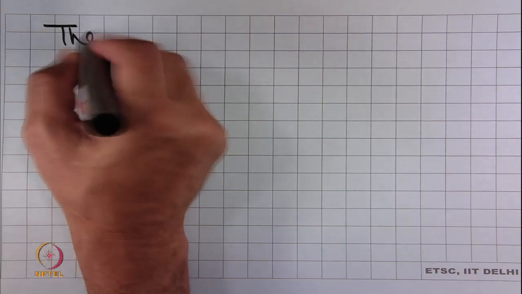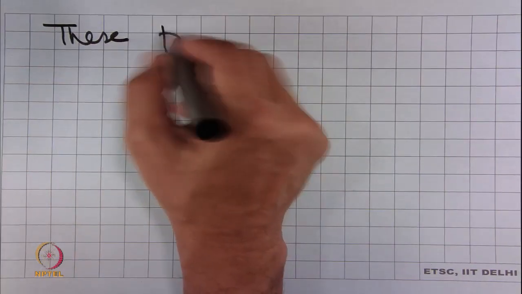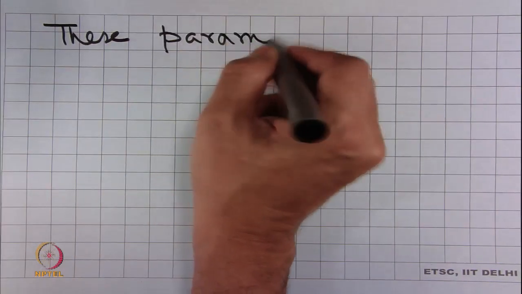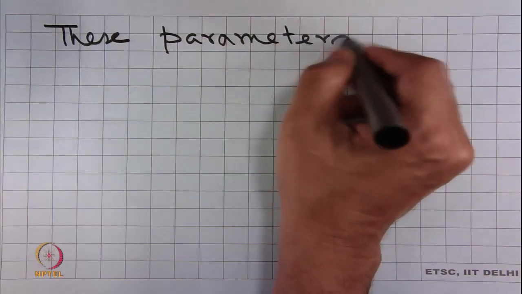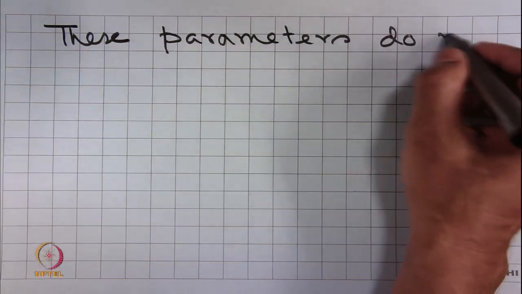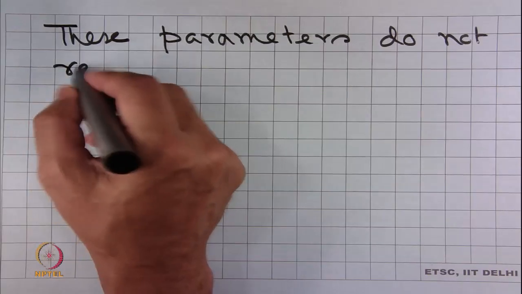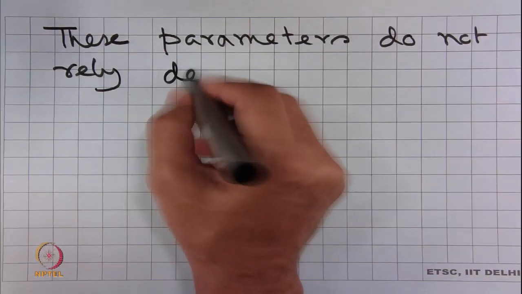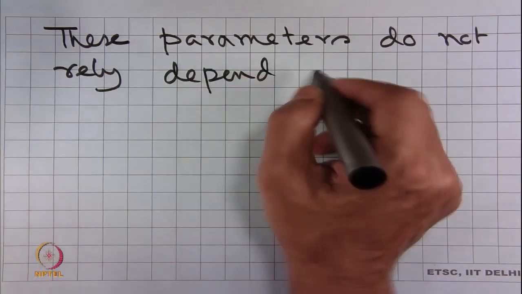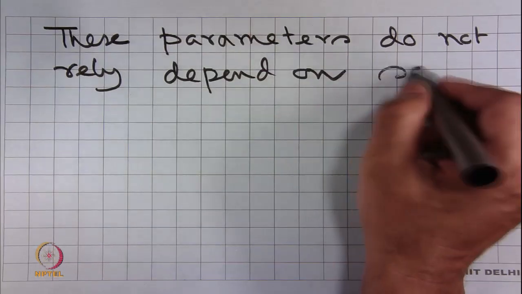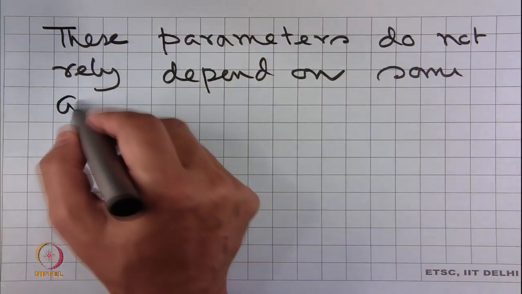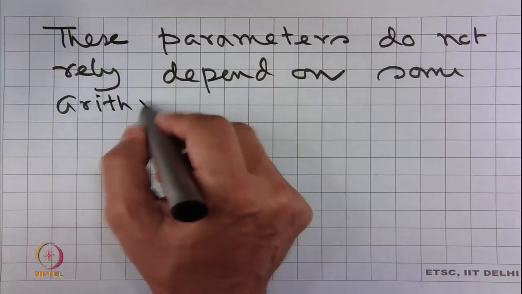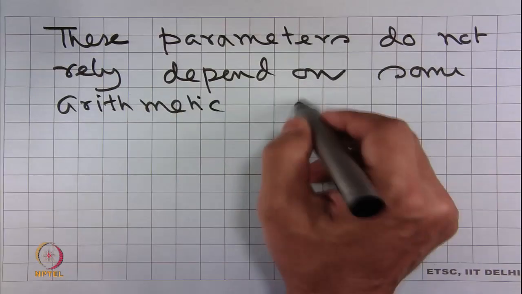So, these parameters do not really depend on some arithmetic operations.